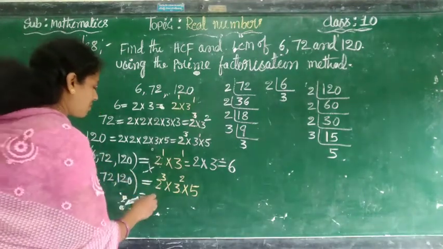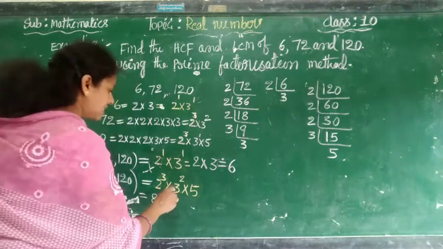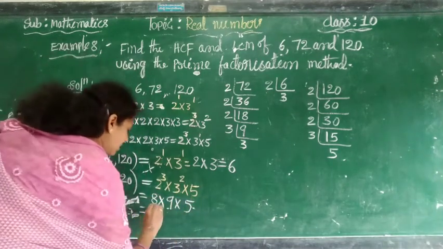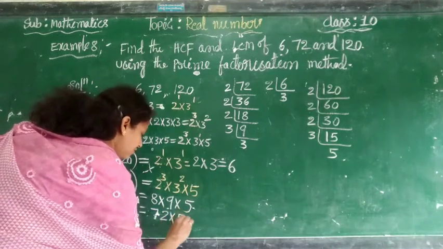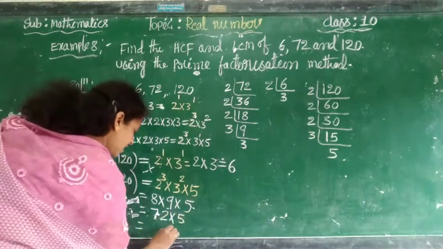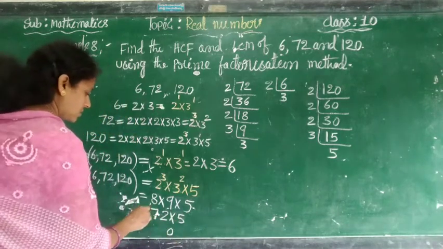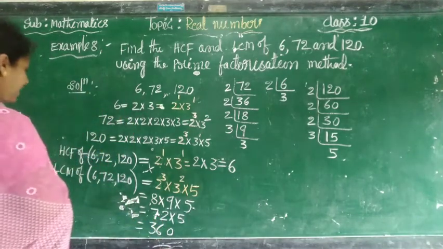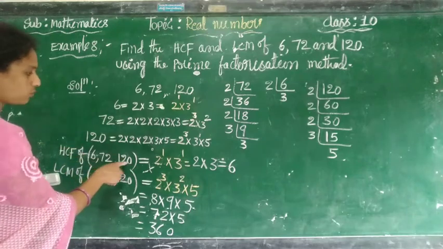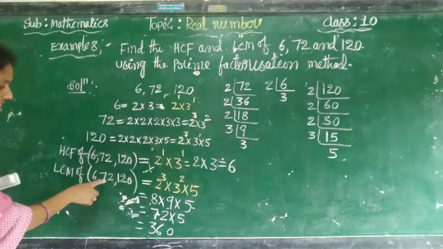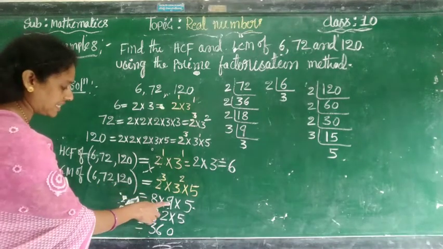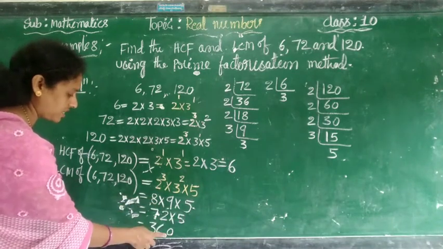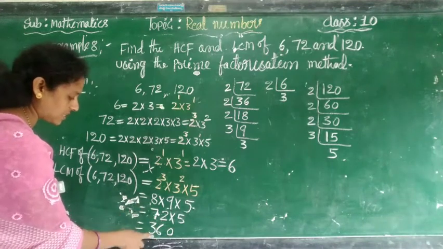So the LCM of 6, 72 and 120 is equal to 8 into 9 into 5. 9 8s are 72, into 5, 5 2s are 10, 7 5s are 35, plus 1, 36.